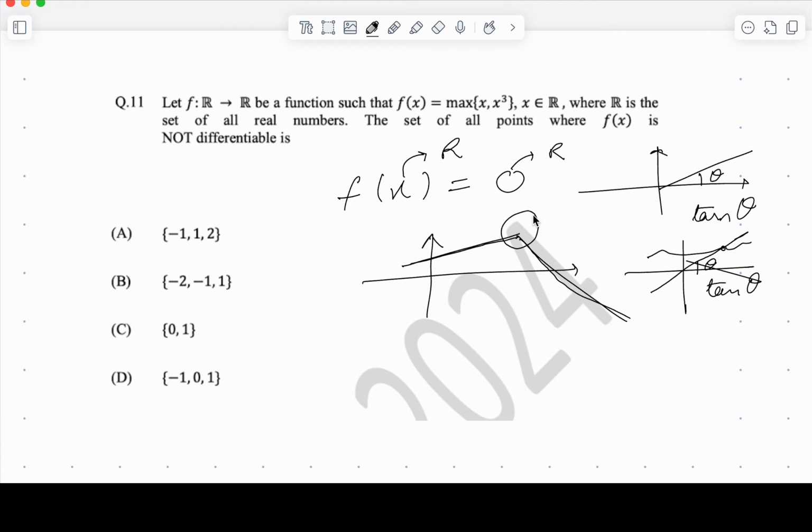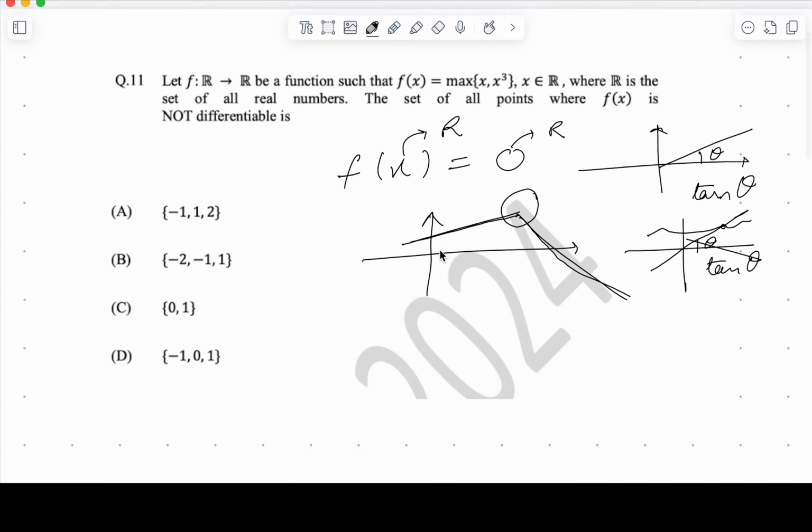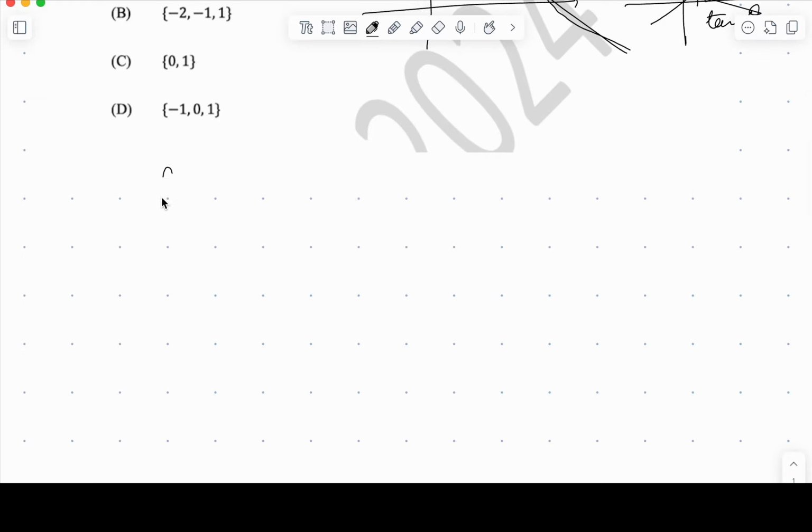So how can we find radical changes in f of x? By graphing it. There is no other way. So let's do that. We are given that f of x is equal to max of x comma x cube. If this was a differentiable function, we could deal with it in formulas.